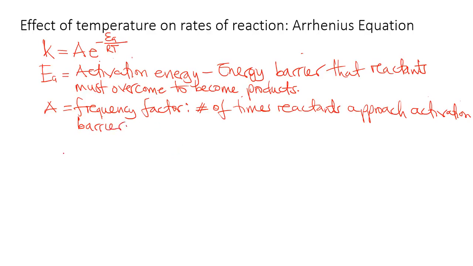Then we have an exponential factor, that is e to the power negative EA over RT. So an exponential factor is just a number. This one you call the exponential factor.